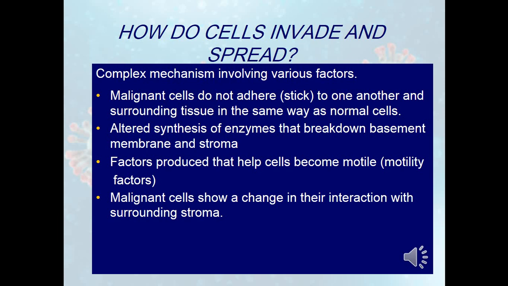Third, there should be factors that help the cells to become motile, motility factors. And also, there should be messages and a way of interaction between the malignant cells and the surrounding microenvironment or stroma to enable them to survive in the new environment. So we will discuss the mechanisms of these steps that enable the malignant cells to invade and spread.